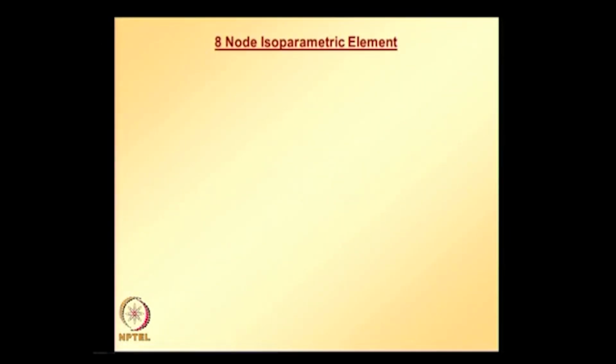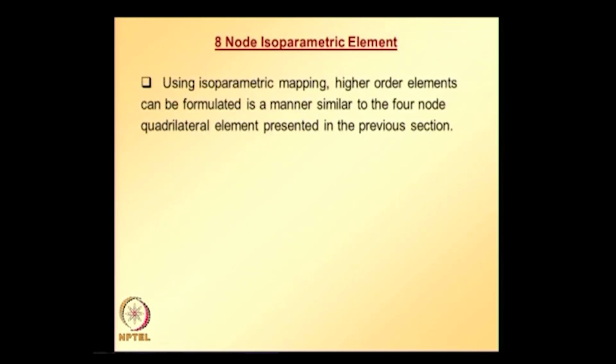So, the next element that we are going to look at is the 8 node isoparametric element. Using isoparametric mapping, higher order elements can be formulated in a manner similar to the 4 node quadrilateral element.